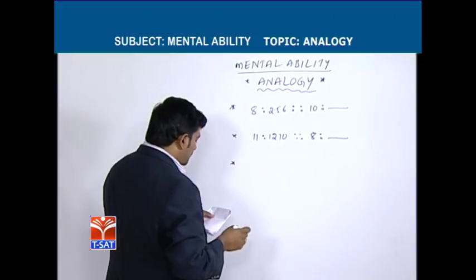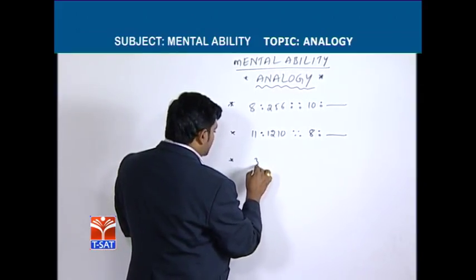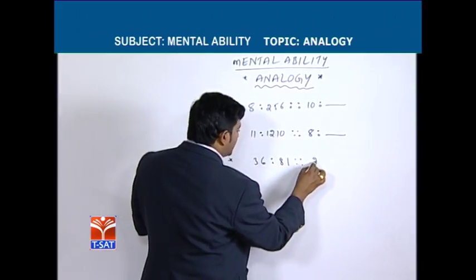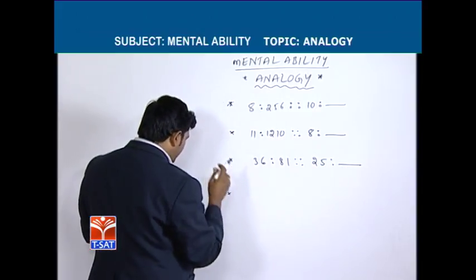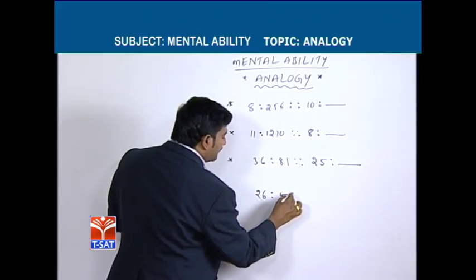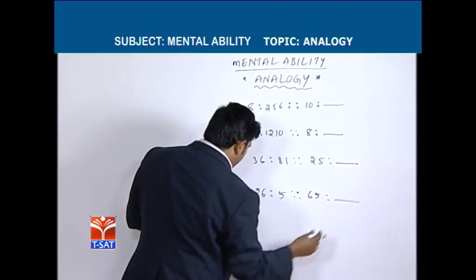So now the third one is, let's say, 36 is to 81 as 25 is to dash. So now we'll take one more question, that is 26 is to 5 as 65 is to dash. Okay.